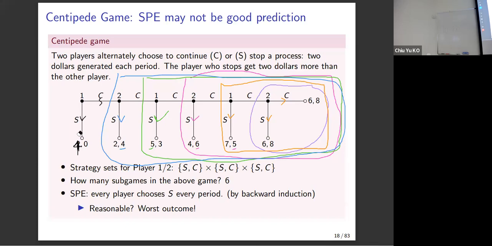You see the game, do you actually solve it by backward induction? Probably not. Maybe if you play this enough. But usually in the experiment, people don't go that far. But this is a very famous game.